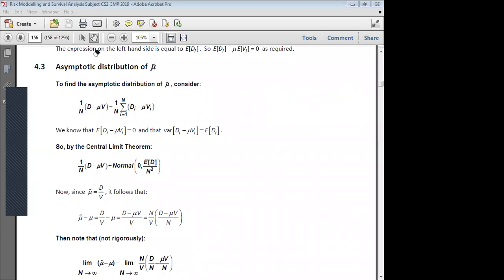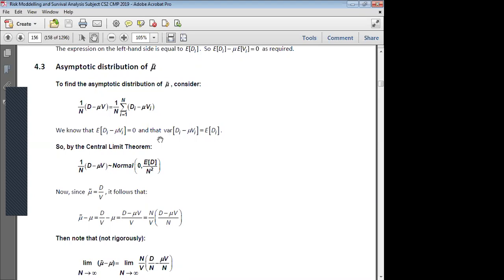Okay, so now that we know the expectation of this guy and the variance of this guy, let's try to figure out the distribution of this guy if we can. Again, we will not actually be figuring out the distribution of d minus mu v, but we will use d minus mu v to figure out the distribution of mu, which is what interests us. And I know that we have already derived that my mu is just d upon v.